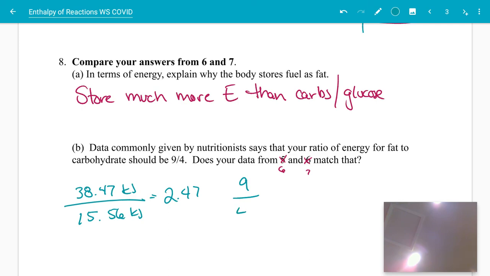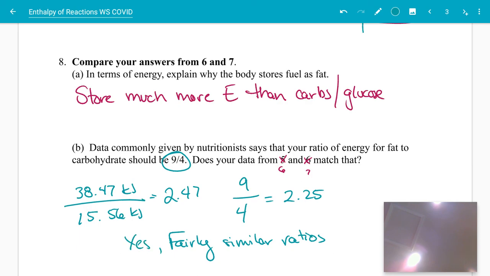And 9/4, which is what they're talking about in the problem, gives us a ratio of 2.25. Now we could do the statistics and see if it's significantly different, but for our sakes, we're going to say these are fairly similar ratios. So does your data match? We'll say yes, fairly similar ratios.